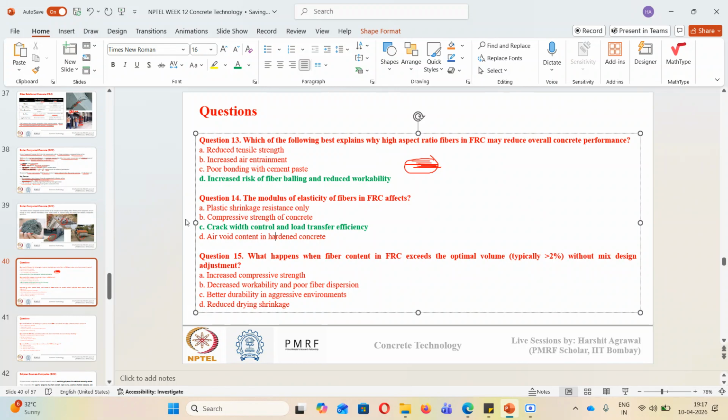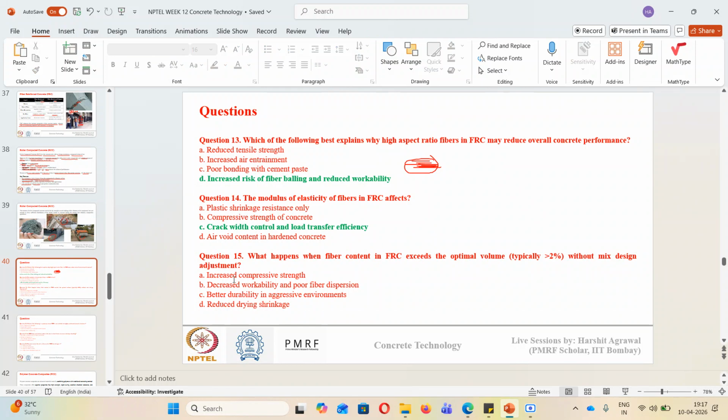So it can carry more load even after cracking, and if it is able to carry more load after cracking, it can bridge cracks and control the crack width. Okay, especially under tensile or flexural stresses. So that's why modulus of elasticity contributes to the cracking and load transfer efficiency post cracking of concrete.